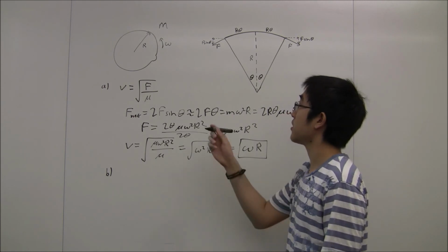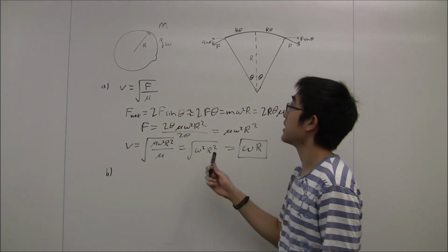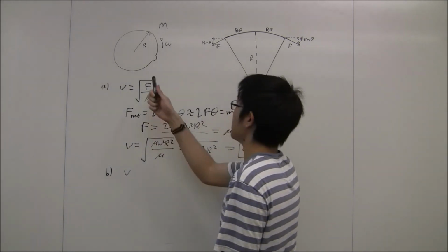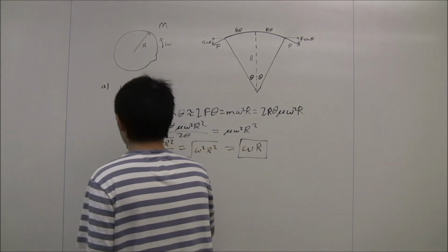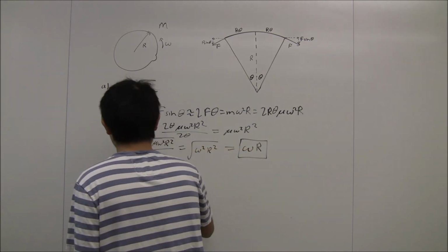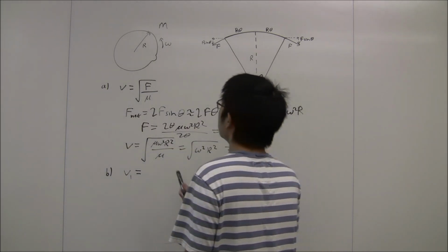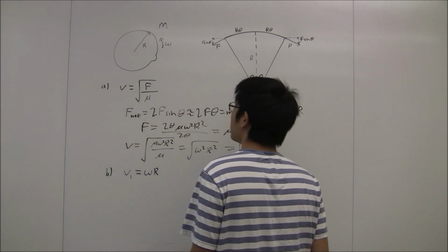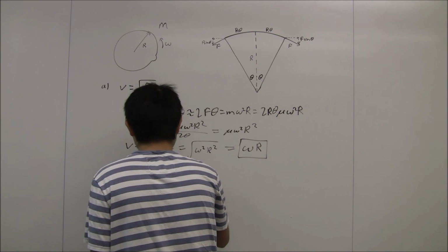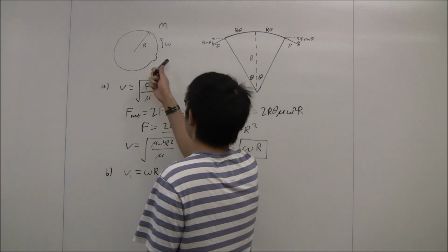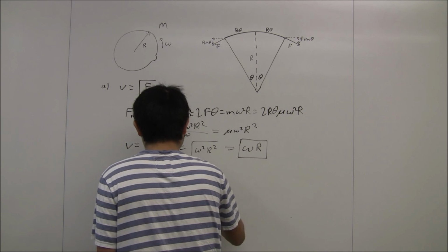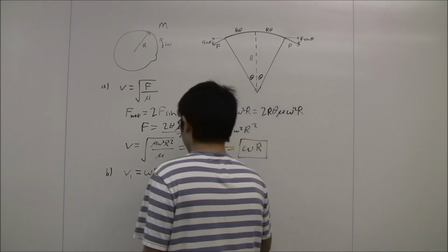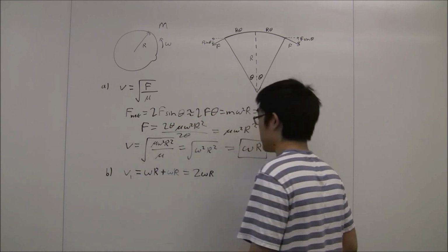So if the wave is propagating in the same direction that the loop is rotating in, then the velocity of the wave relative to the laboratory, we'll call that v1, is going to be equal to the speed of the loop, which is omega times big R, plus the speed of the wave relative to the loop, which is, again, omega R. So we get that one possible speed for the wave is going to be 2 omega R relative to the laboratory.